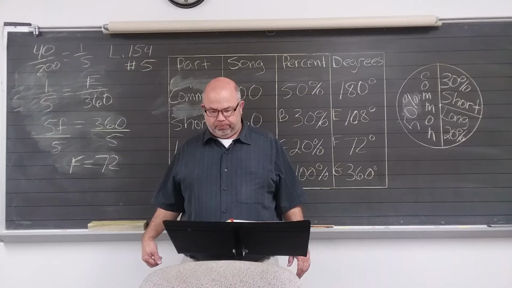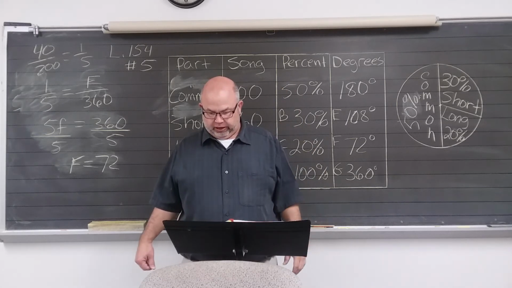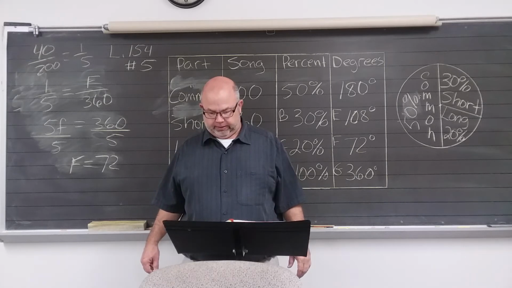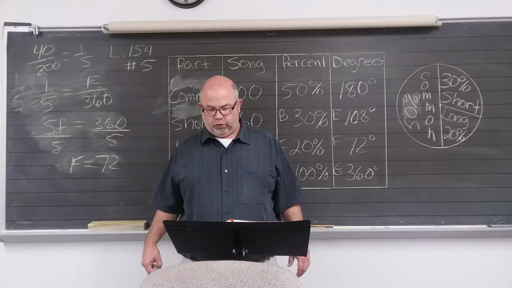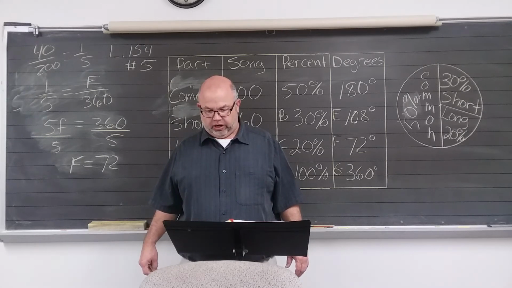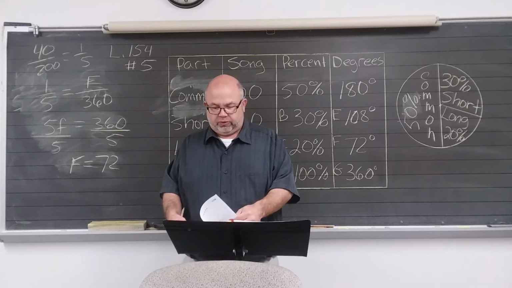Number 9 is positive 1. Positive means plus 1. Number 11 is negative 13. Number 13, volume of a cylinder, 100.48 cubic feet. And that is all we are doing on 153 and 154.